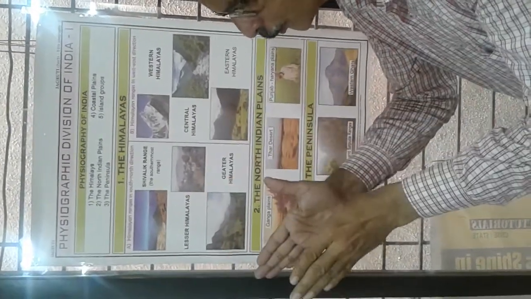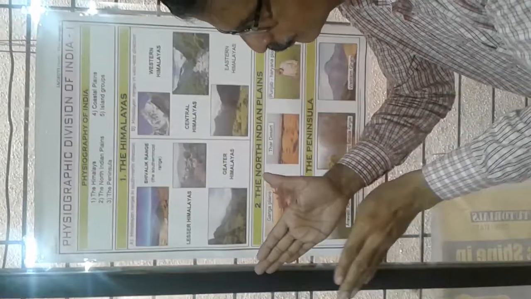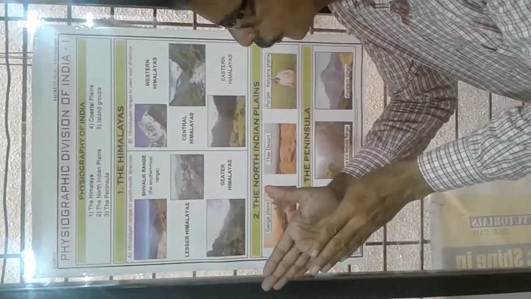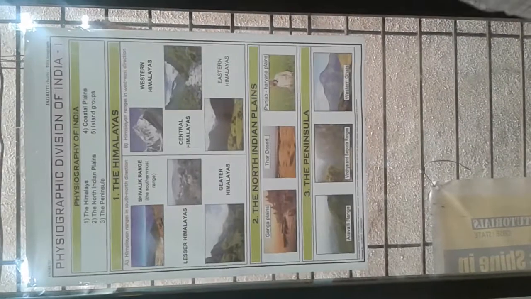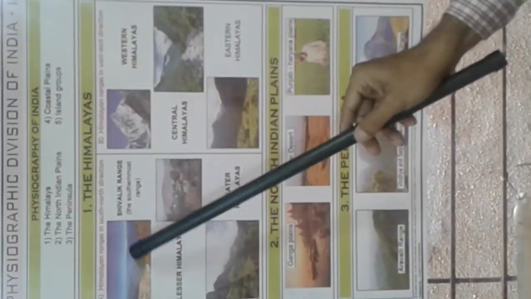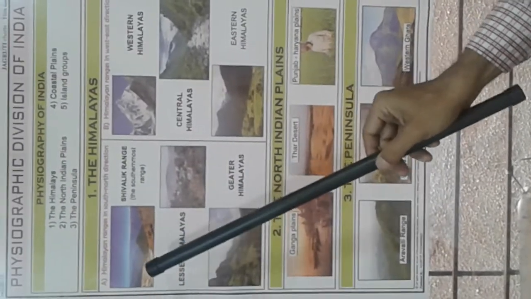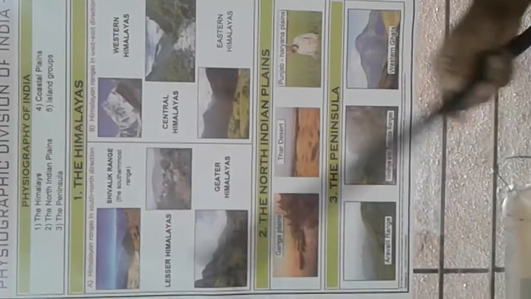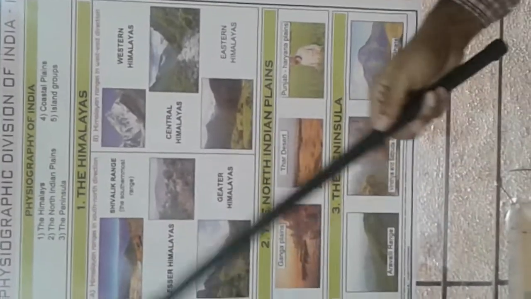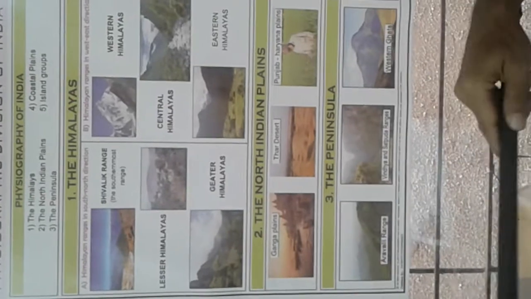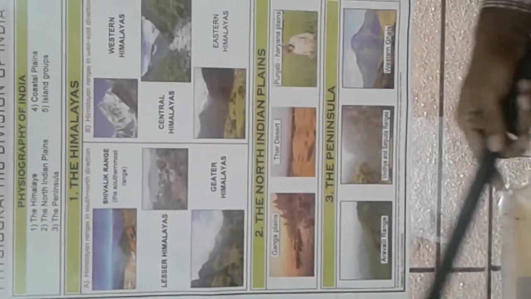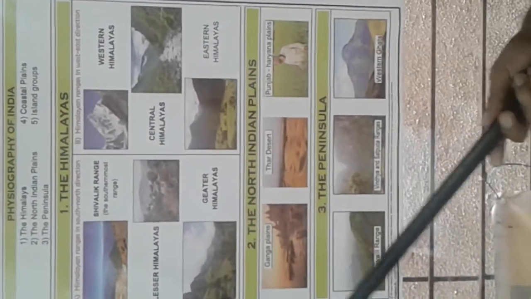The southernmost range is known as the Shivalik range, as you see in this picture. The other parallel range is naturally going to be on the north of the Shivalik.